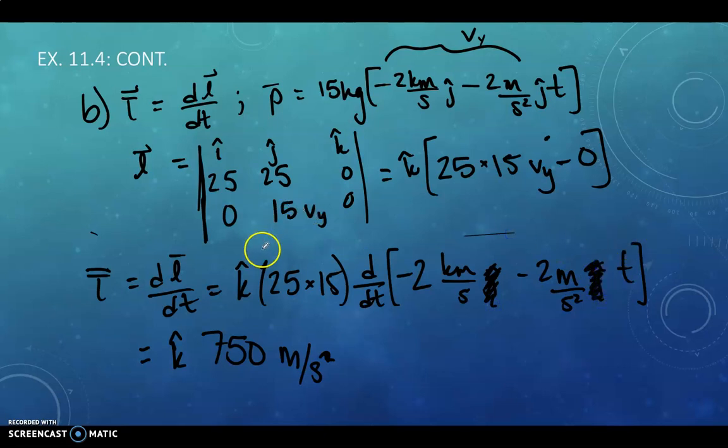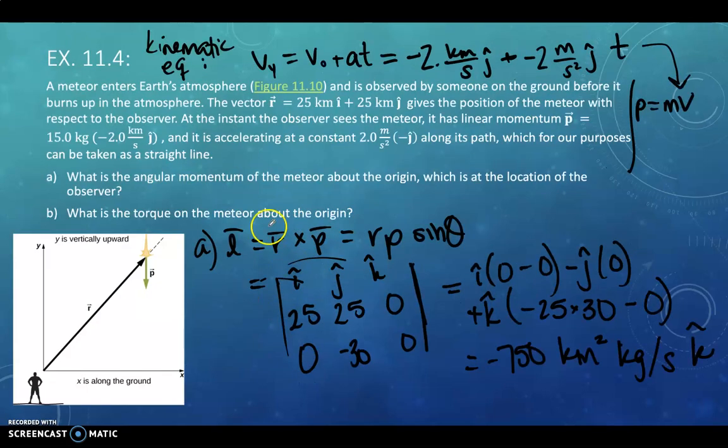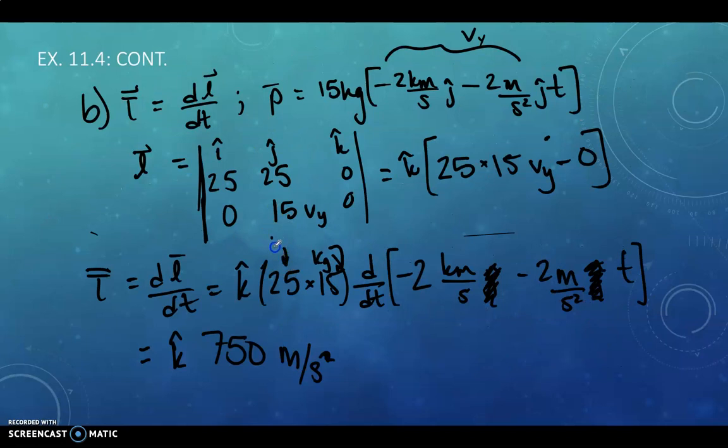Okay, so this should be your torque. This is not the right units for torque, however. We forgot our kilograms here. And then 25, that was in kilometers, I believe. Yes. So this is times kilometers, kilograms.